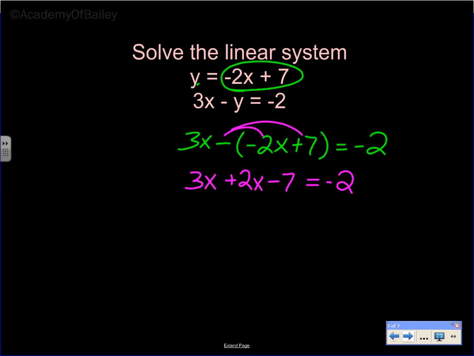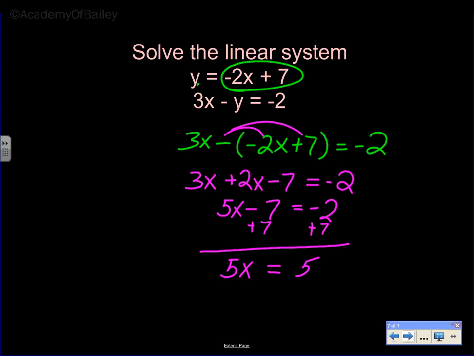So 3x plus 2x, combining like terms, we get 5x minus 7 is equal to negative 2. In order to solve for x, we're going to add 7 to both sides. 5x is equal to negative 2 plus 7, which is 5. Then you divide both sides by 5, and x is equal to 1.